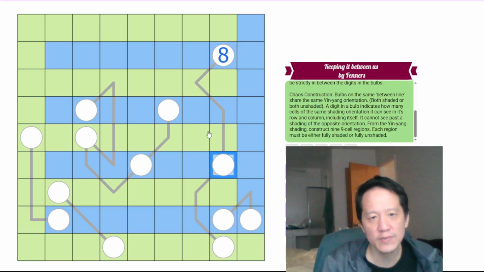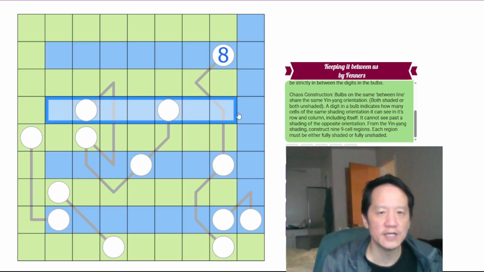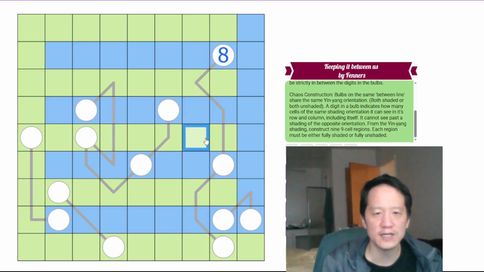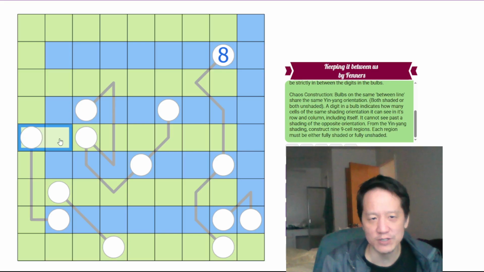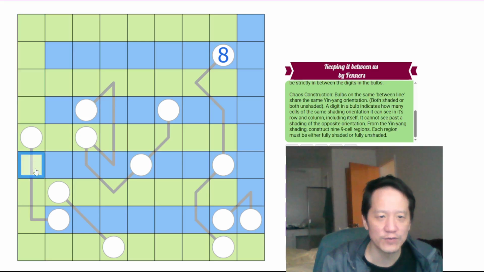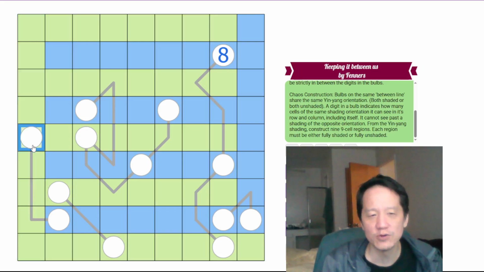This cell would see 8 also in this shading, but this is problematic. This would see 1, 2, 3, 4, 5, 6, 7, 8, 9, 10, 11, 12, 13, 14, 15, 16. So it would have to be the digit 16, which is not allowed. So this shading doesn't work that way, but technically the number in the cell would have to be 16 if that were the case.